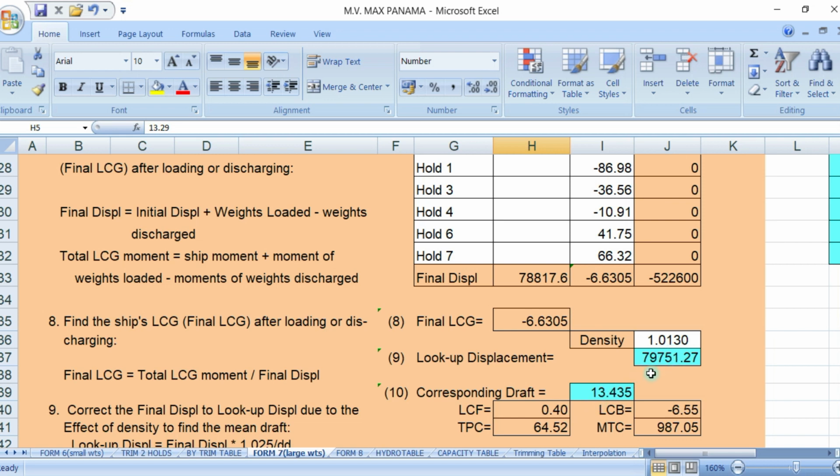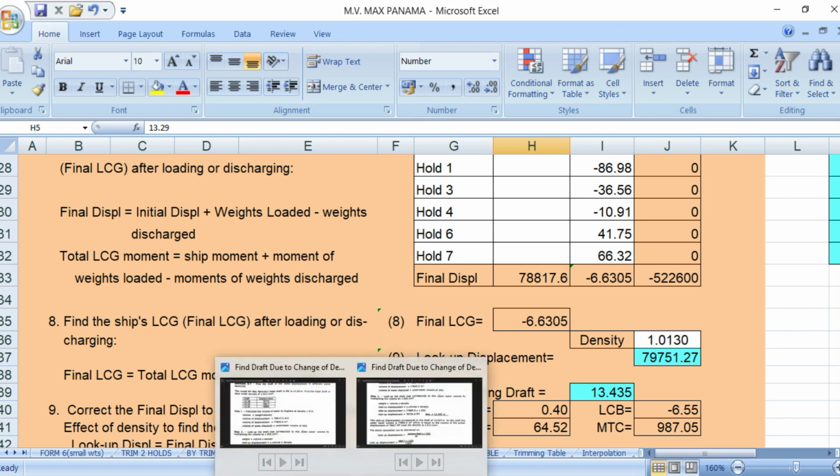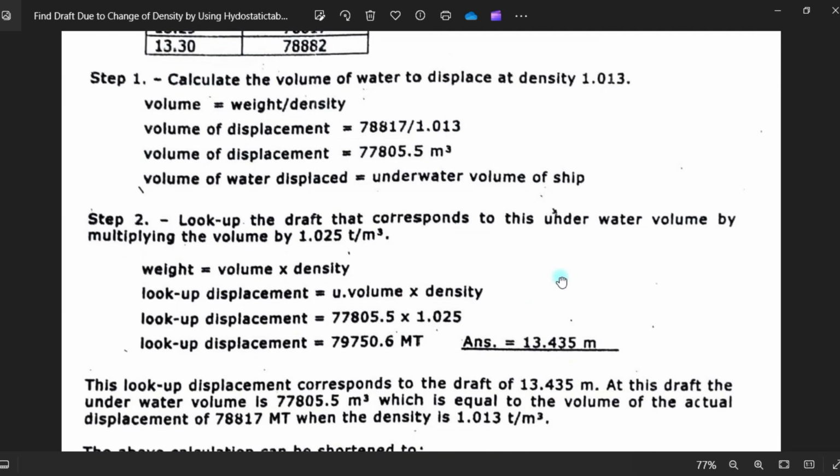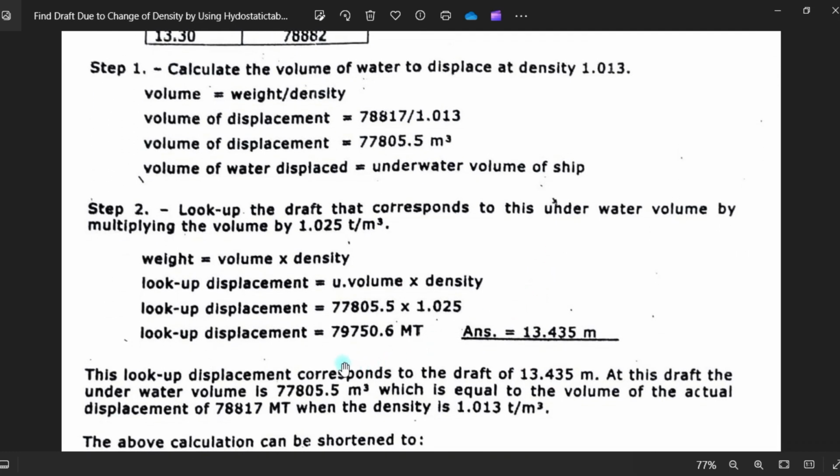His displacement will be 79751, and his corresponding draft will be 13.435.